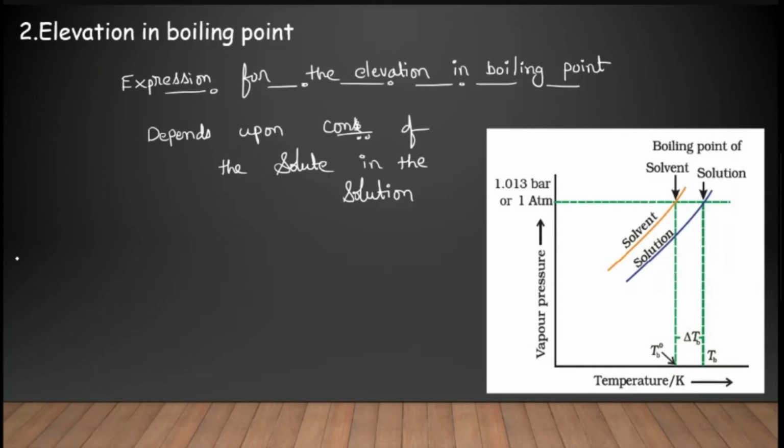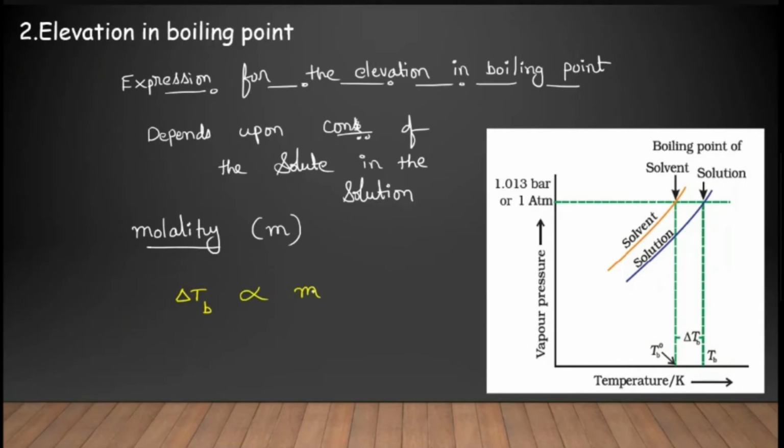So the concentration is expressed in terms of molality, that is small letter m. So the formula for this is delta TB is directly proportional to m.